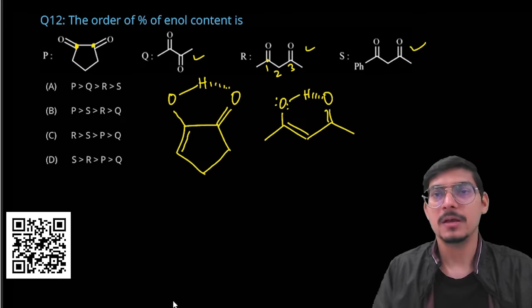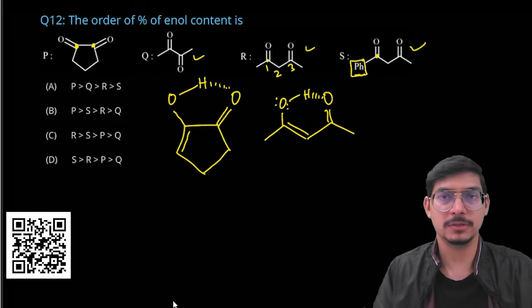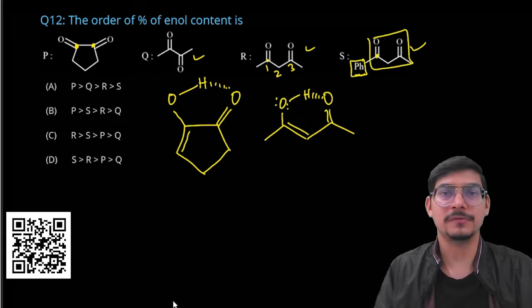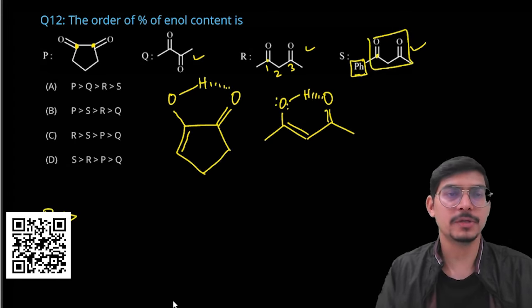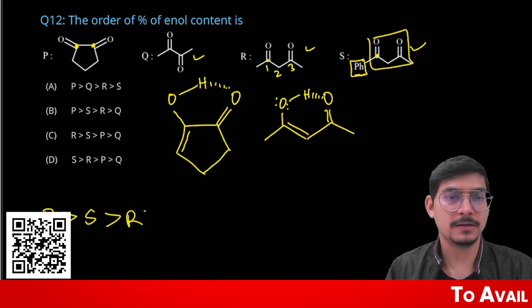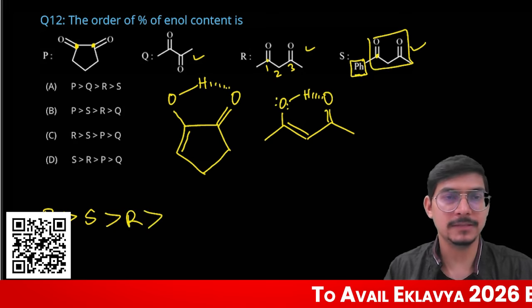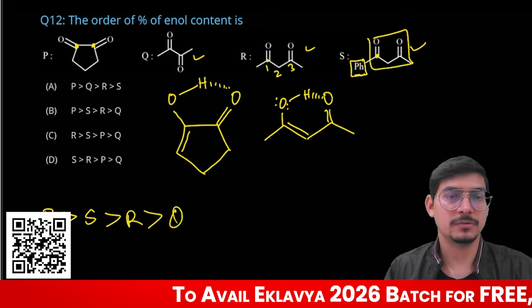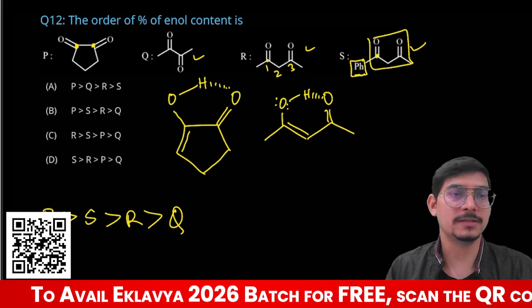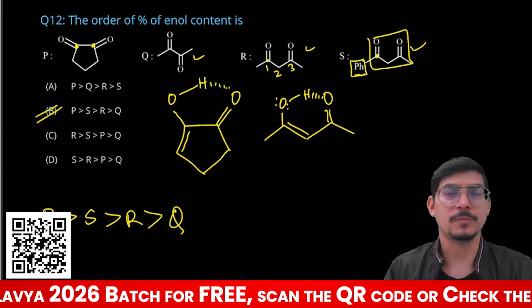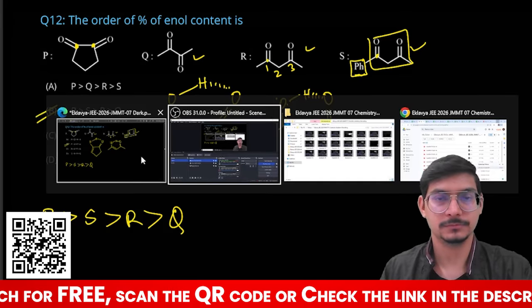So there is resonance. But resonance is more in this molecule S because here there is additionally a benzene ring joined to this 1,3 dicarbonyl group, which means that out of R and S, S would exhibit greater amount of enol. So P, S, and then R, and Q would show least amount of enol. So the correct answer to this question would be P, S, R, Q. That is option B. Thank you.